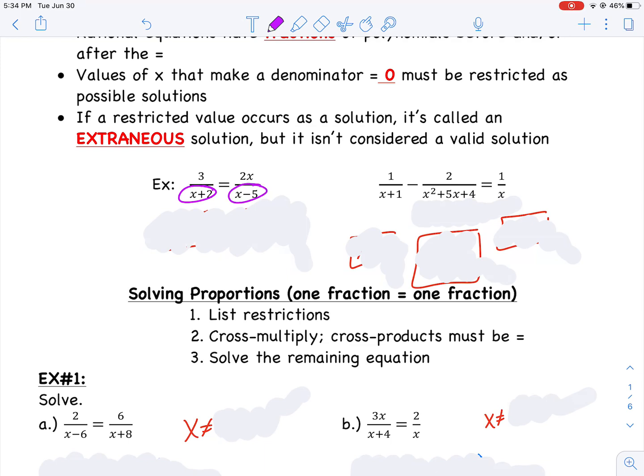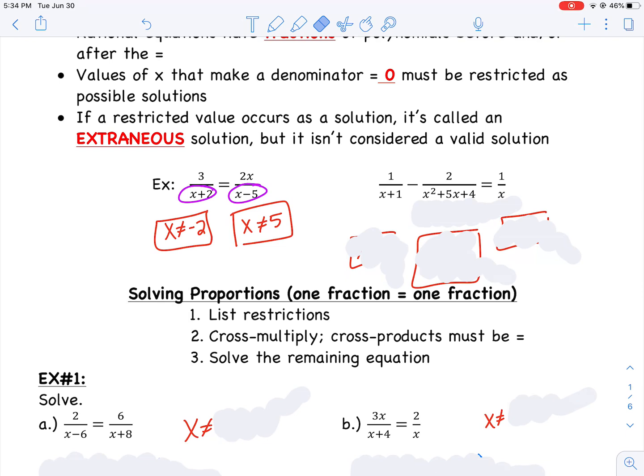And when I look at the second denominator, what x is going to cause that denominator to equal 0? x can be anything except for the two numbers that are going to cause those denominators to equal 0, because remember, we can't divide by 0. And so any x should work except for x cannot equal -2 and x cannot equal 5. So we're going to solve these problems and then just make sure that our answer isn't -2 or 5. So that's the first thing we need to look at.